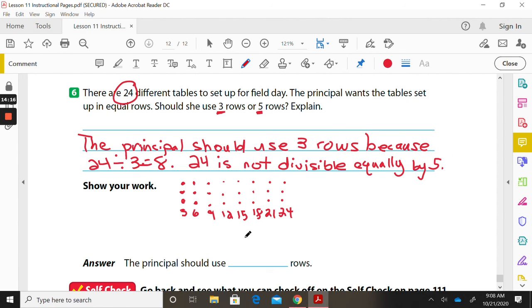Definitely not. So the principal should use 3 rows.